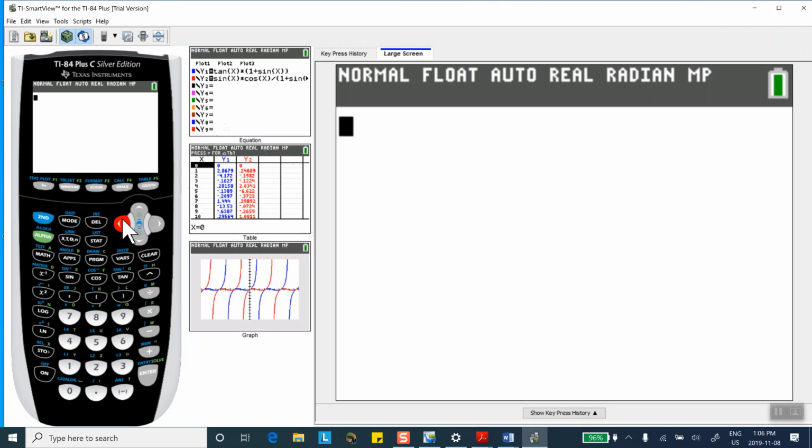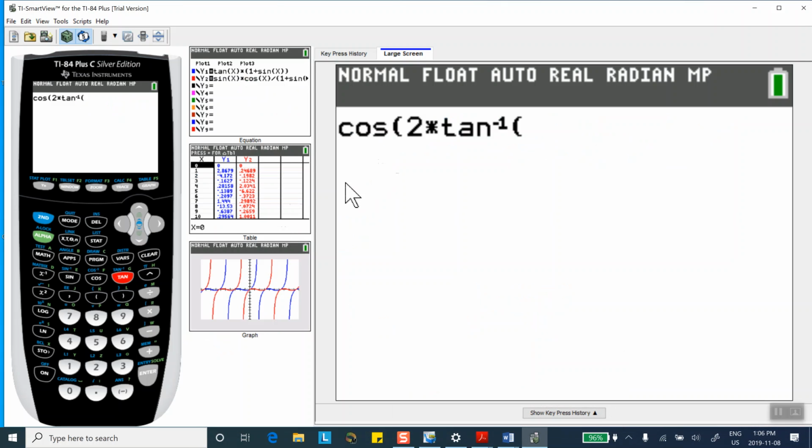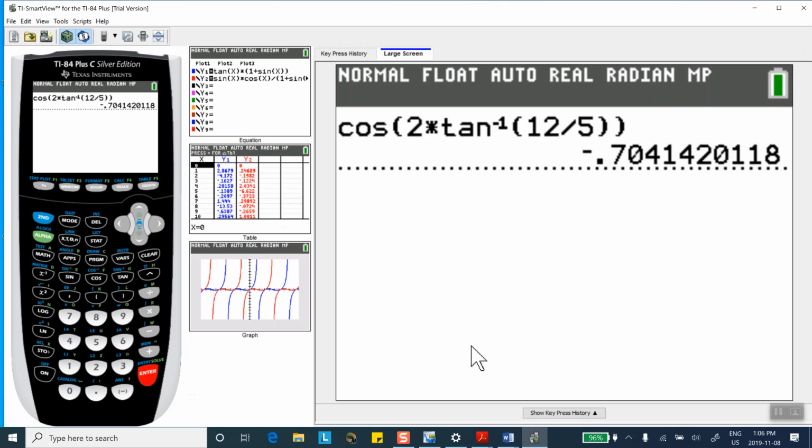So we have cosine of 2 times tan inverse of 12 divided by 5. So this is what was given to me, and that's the number.